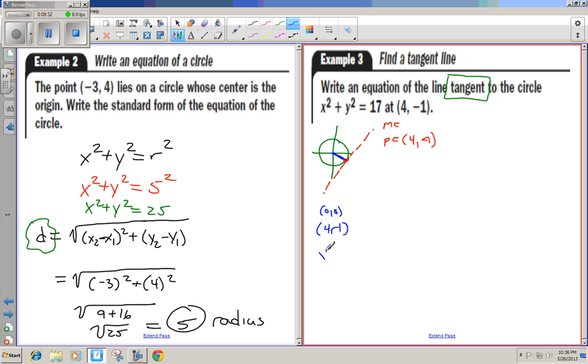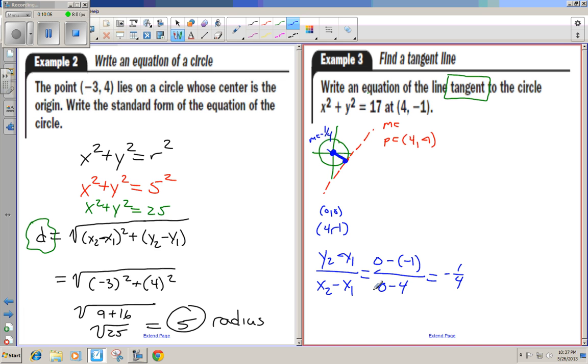So if we use the slope formula, let's say 0 minus -1, divided by 0 minus 4, gives us a slope of -1/4. This line right here has a slope of -1/4. All we did was we used the slope equation from here to there.